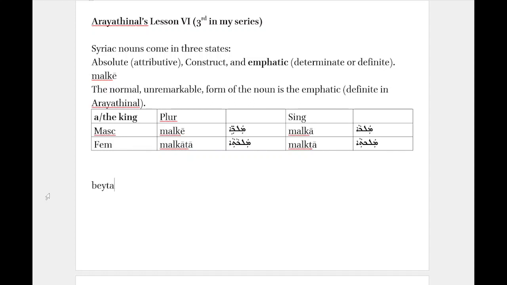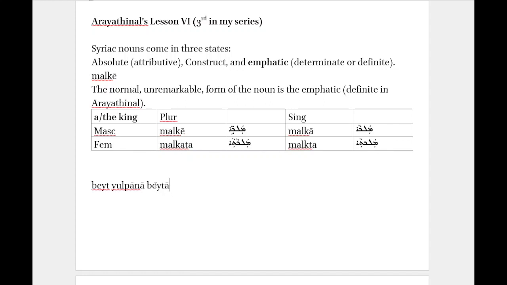But if you want to say beit yulpana, the house of learning, you notice that ta isn't there. Why? Because the housiness of it is found in the teaching. It's a school, it's a house of something. The house is not in and of itself a house, but if it's saying, this is my house, you would say beita, right?